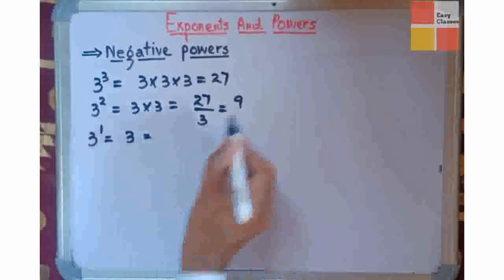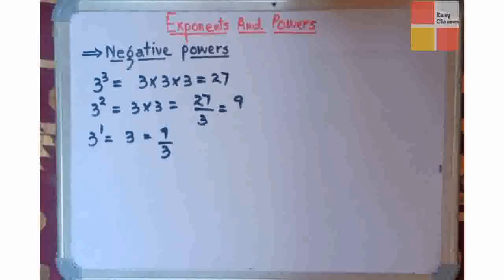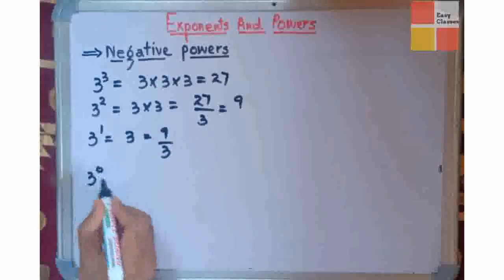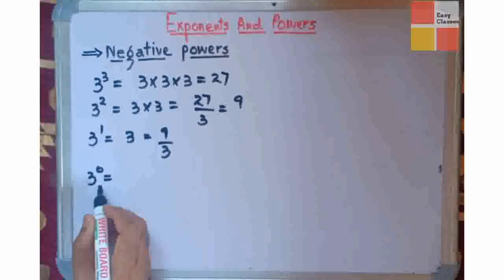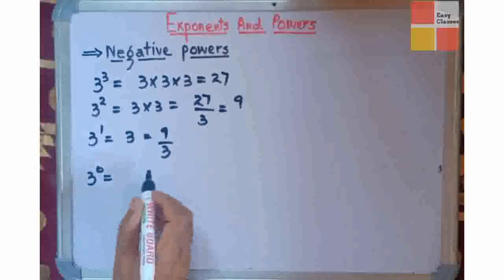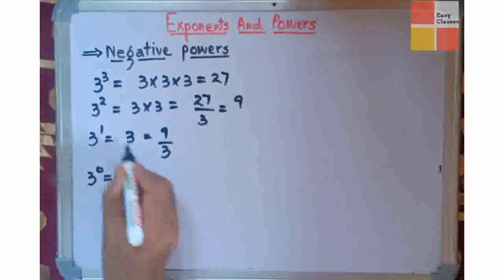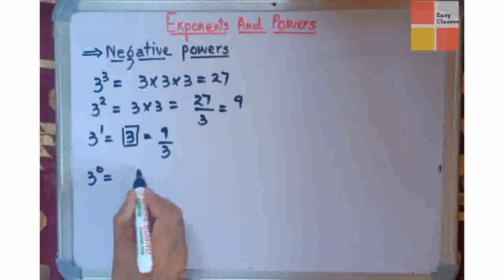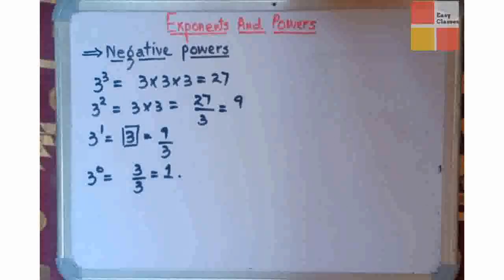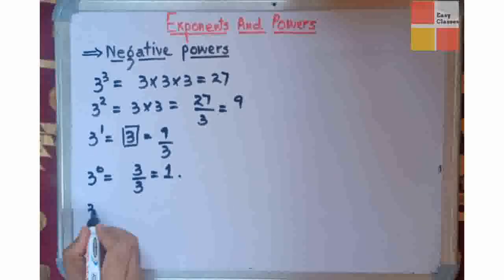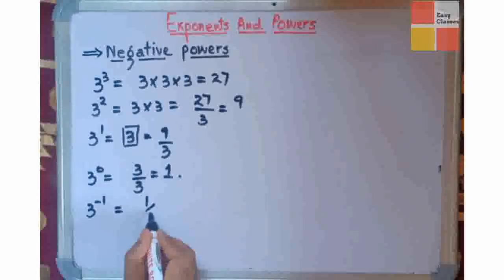So that is equal to the previous value, that means 9 divided by 3. Right. Okay. Then 3 raised to power 0 is equal to the previous value 3 divided by the base 3, that is equal to 1, right?